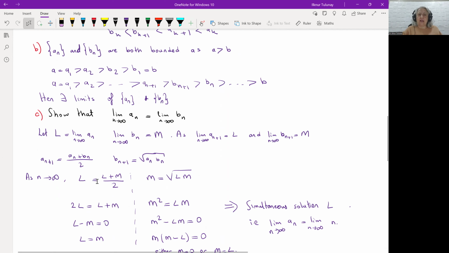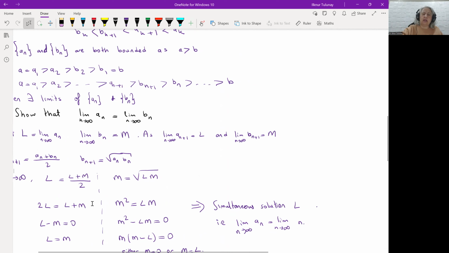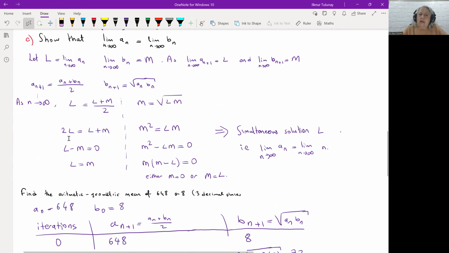Right, so we have L equals (L plus m) over 2. Then this is 2L equals L plus m, moving L over to that side. So L is equal to m from this equation. For the other equation, the square root of this is L and this is m when n goes to infinity. We still have an equation we can solve, and we have m squared is equal to Lm.